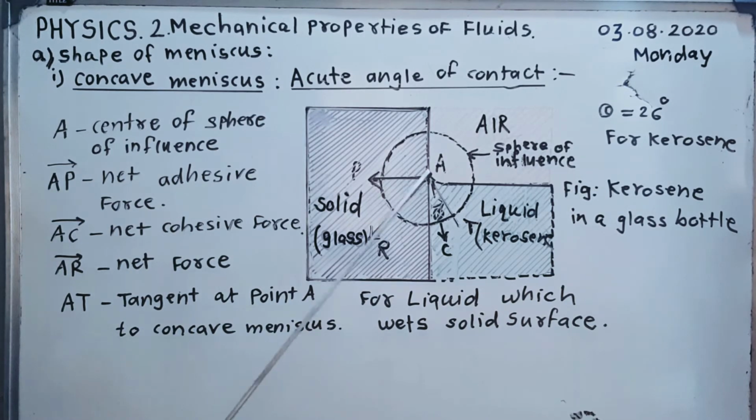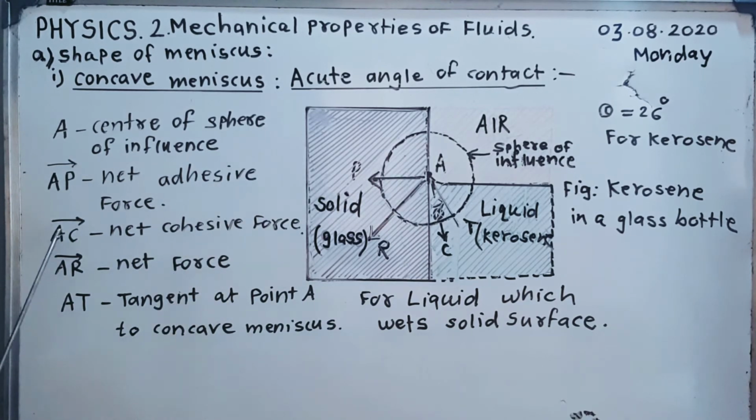The wall is vertical, hence the net adhesive force acting on the molecule is AP, along this direction from A to P, having a certain magnitude, and is in a horizontal direction.